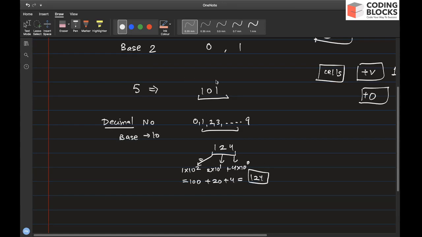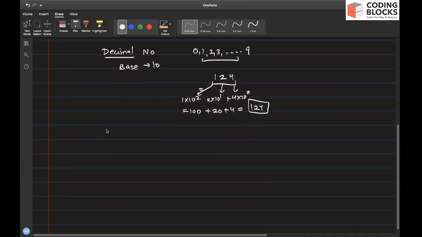If you are given a number like this and told that it is a binary number, and you want to convert it into the decimal number system, then you have to multiply with the powers of 2. If the number is 101, you generate powers of 2: 2 raised to the power 0, 2 raised to the power 1, 2 square, 2 cube, and so on.